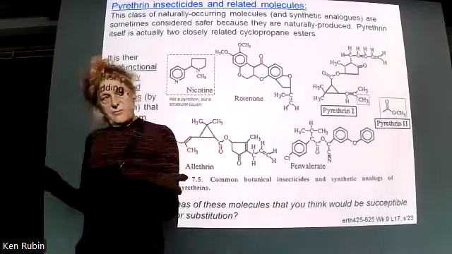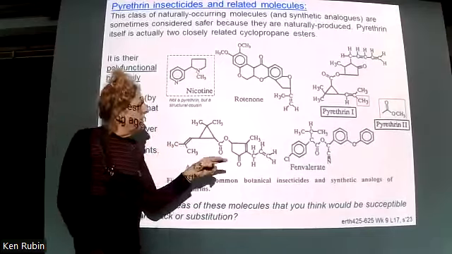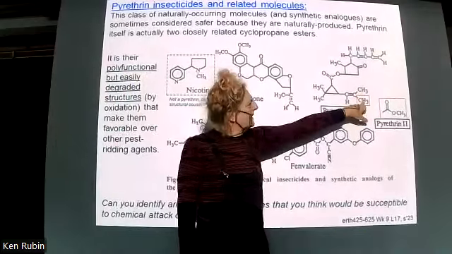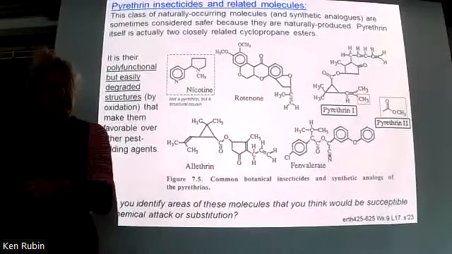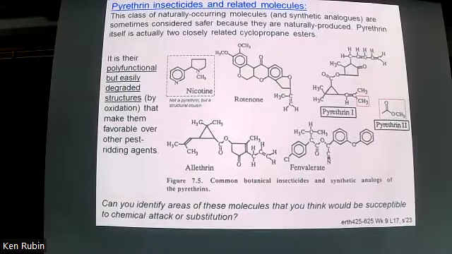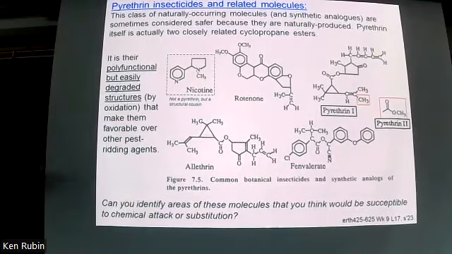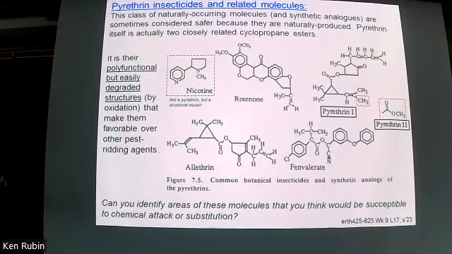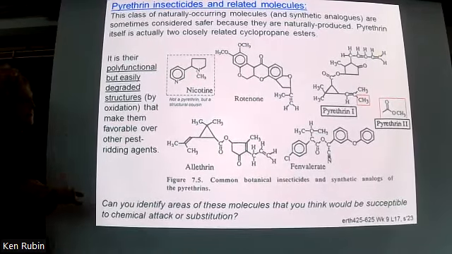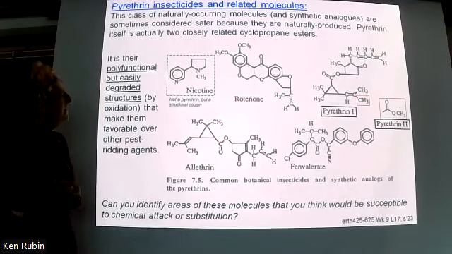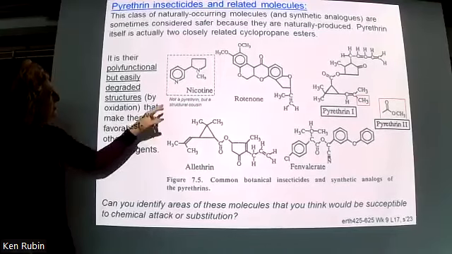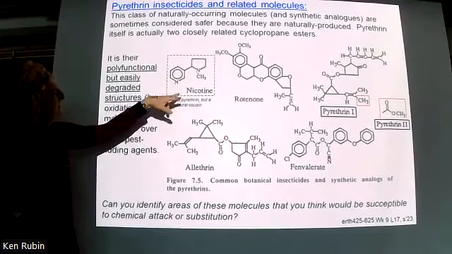There's two common forms of the chemical pyrethrin that are distinguished by having this methyl group here or this methyl ester connected to it. But this molecule and molecules like it are the structural analogs of a lot of healthy or natural alternative fertilizers. I'll also show you the structure of nicotine.